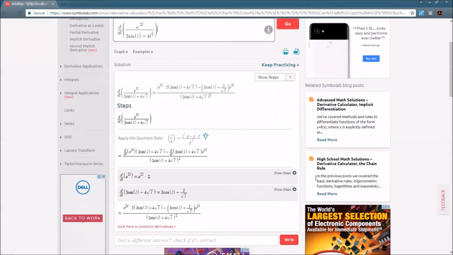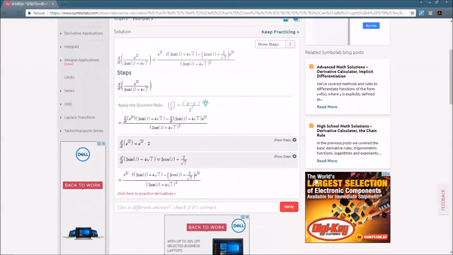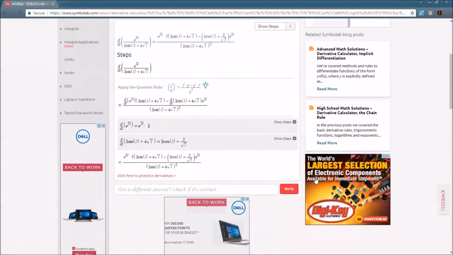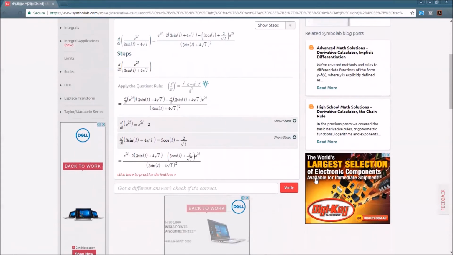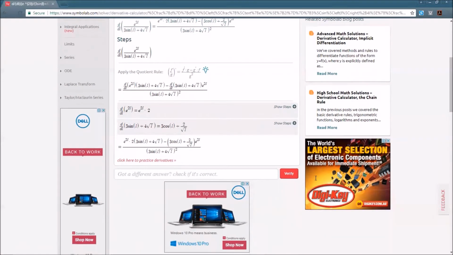So they had, yeah, they got that. They derived it the same. Yes, see, they derived it like so, which is still exactly what we have. Interesting.